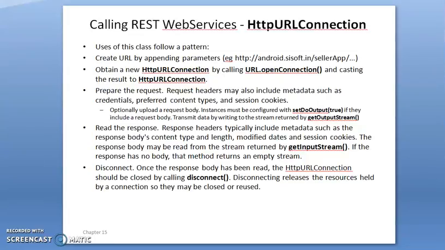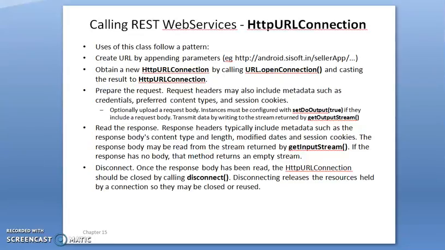Along with that, we will have to configure the request. If we want to send some request body data, then we will have to set doOutput true, and then get the output stream using getOutputStream and write data onto that. That way our request data has gone to the server, and then we need to start reading the response.